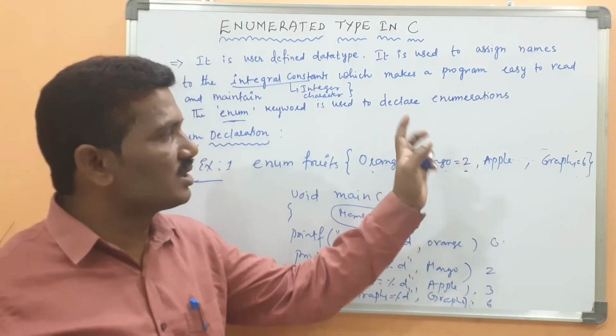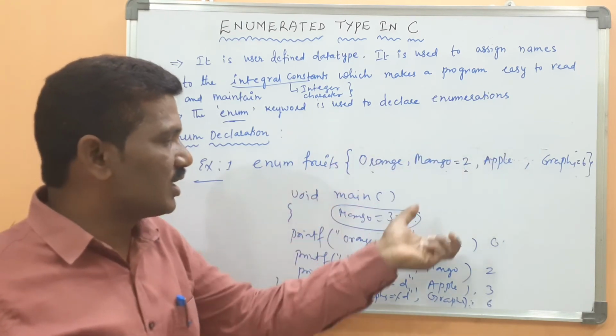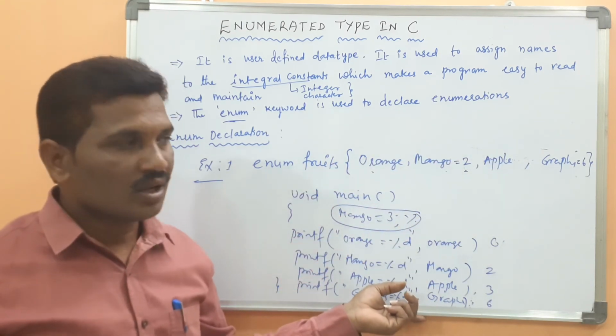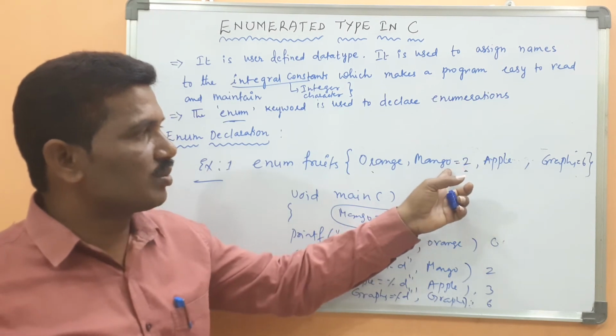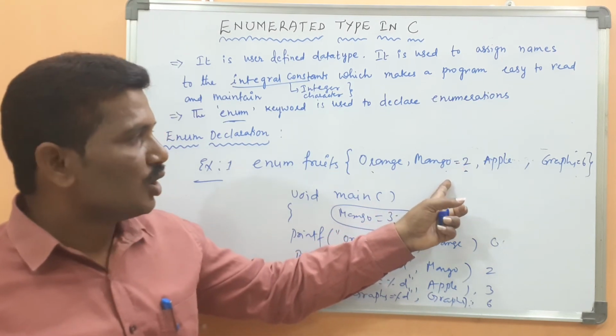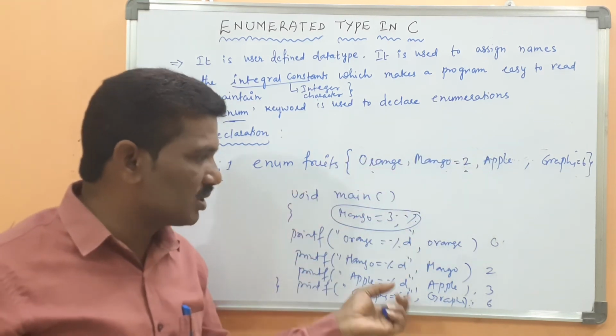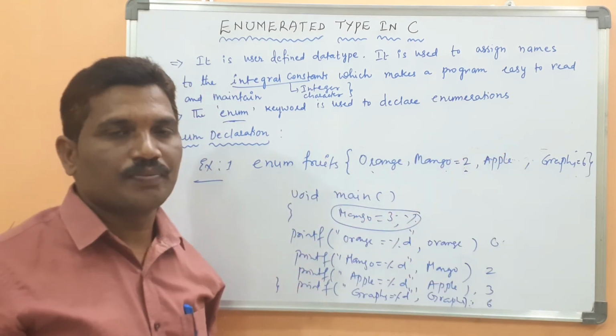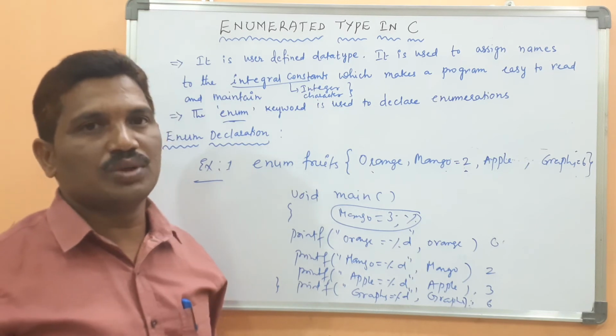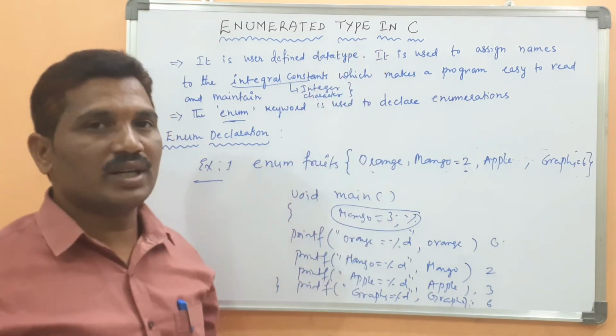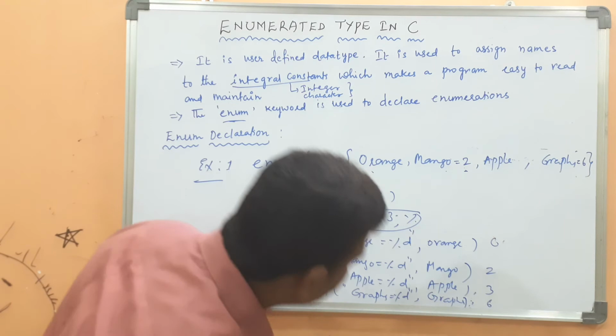If you want to change the values assigned to the enumeration constants, you can change them in the declaration only, but not in the program itself. That's why we use enumerated type constants.